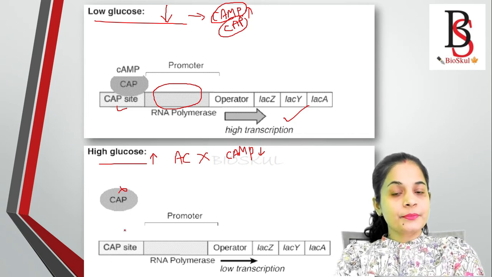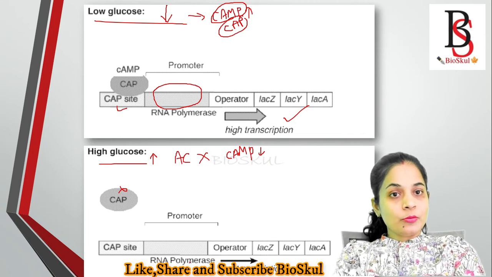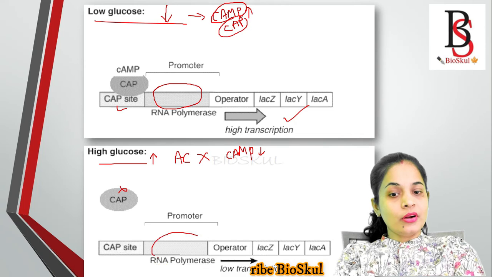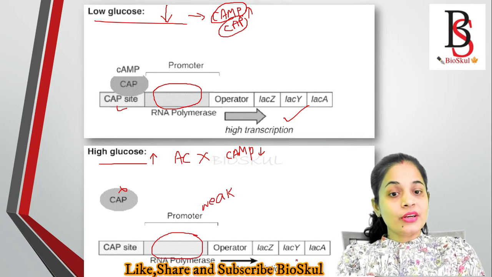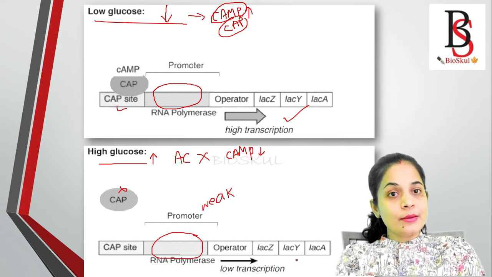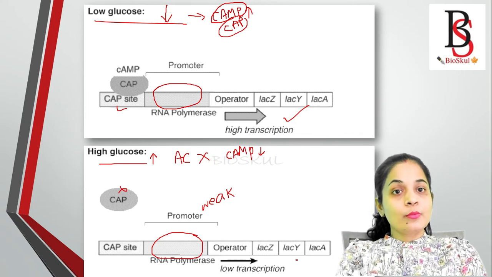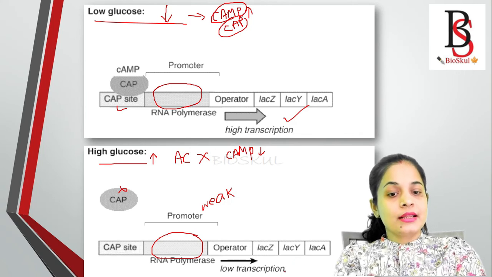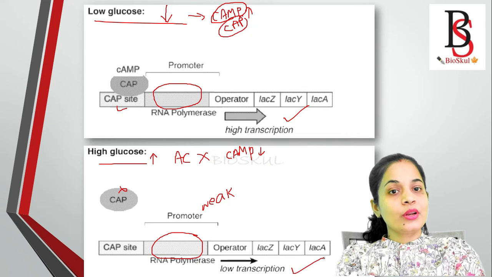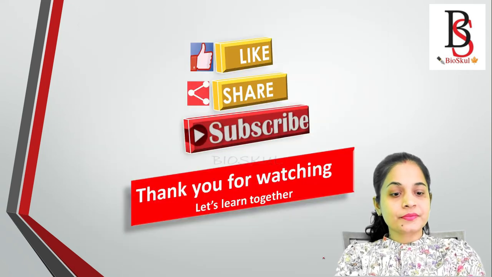So the CAP site is blank. Now the RNA polymerase will bind to the promoter of Lac Operon. The promoter of Lac Operon is a weak promoter, so RNA polymerase cannot bind efficiently to the promoter and it will produce few transcripts. That results in a low rate of transcription.